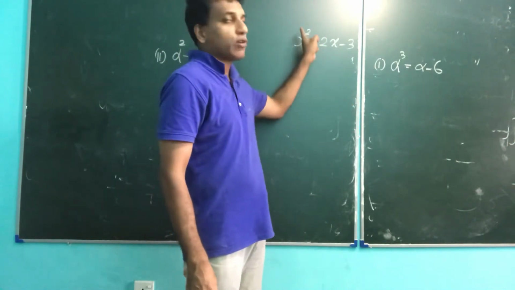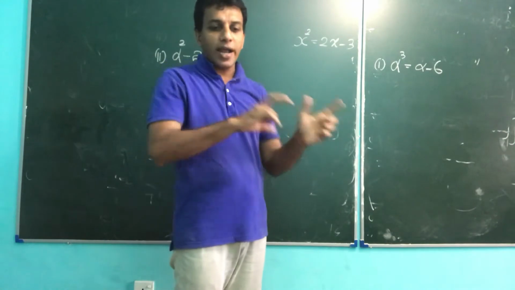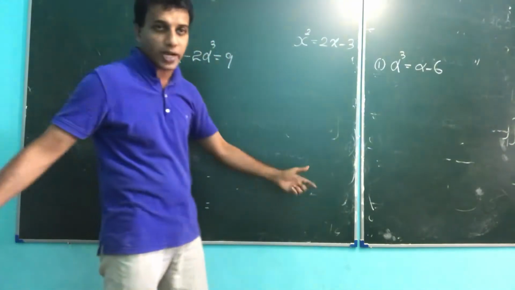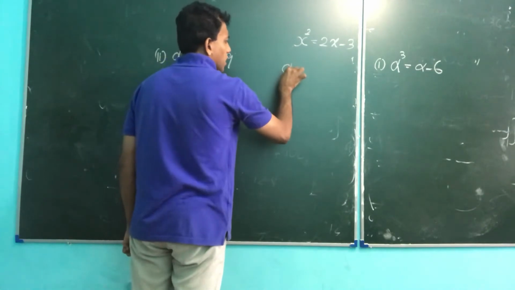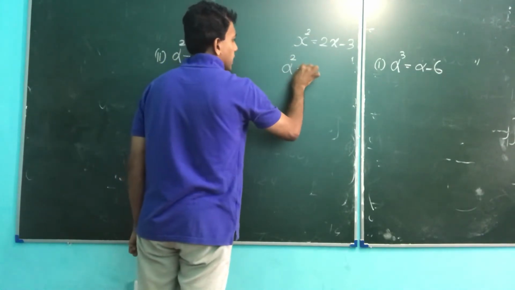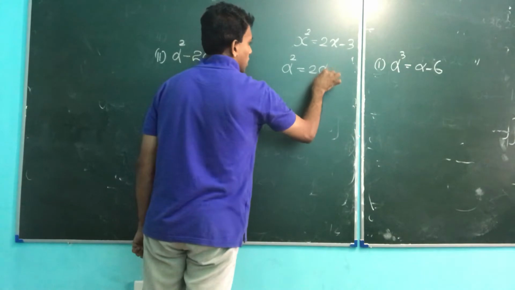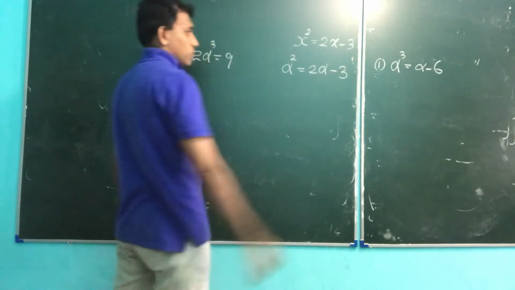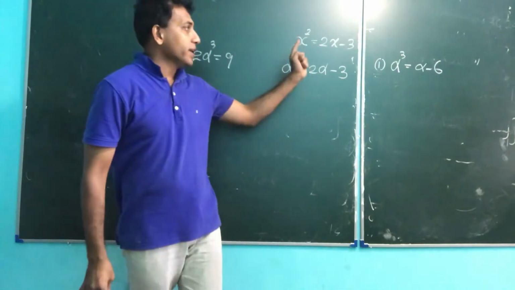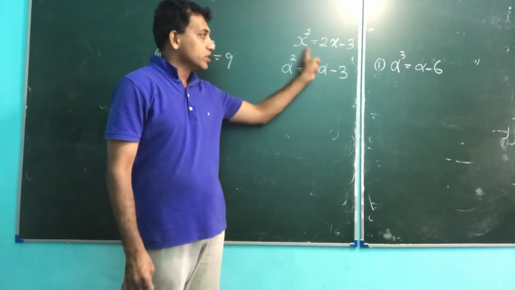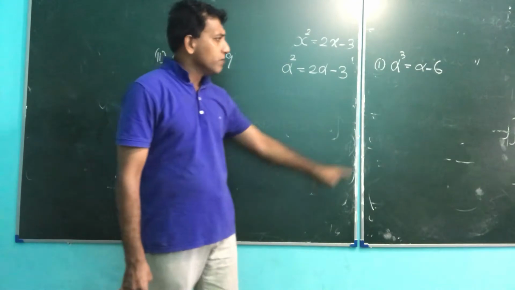Therefore, you can put alpha for x, and it satisfies LHS equal to RHS, both sides are equal. Therefore, I can say alpha square equal 2 alpha minus 3, right? If one answer is alpha, we can write alpha for x. Therefore, this is true.